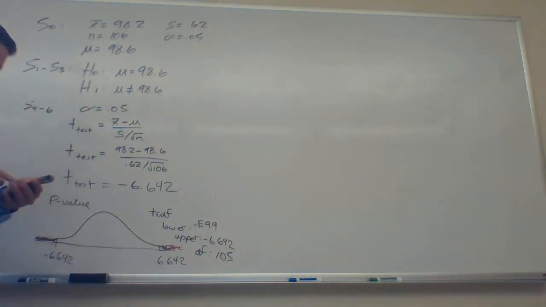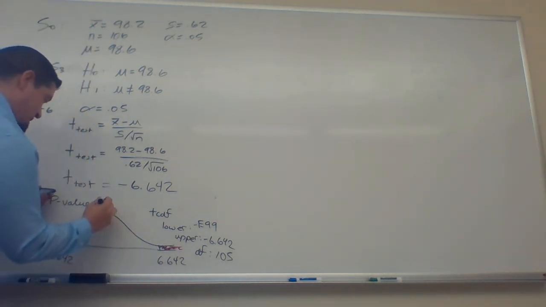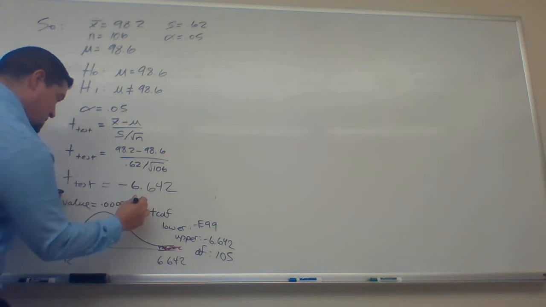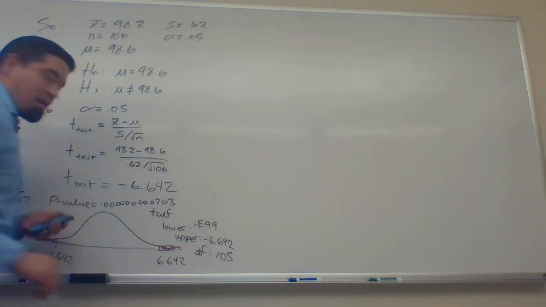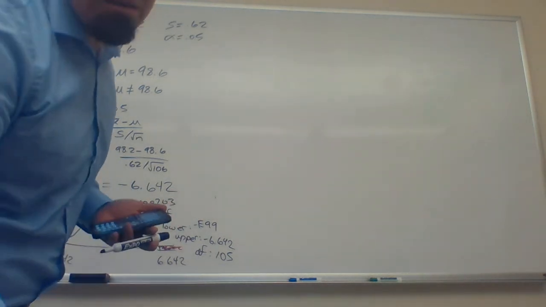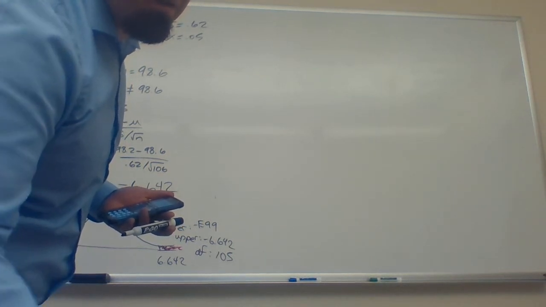You can put that into your calculator, second VARS, TCDF, all the way to negative 6.642, degrees of freedom 105, because the sample size is 106, and I get a p-value of 0.0000000703. Okay, very small p-value. So right there should tell us a little bit.